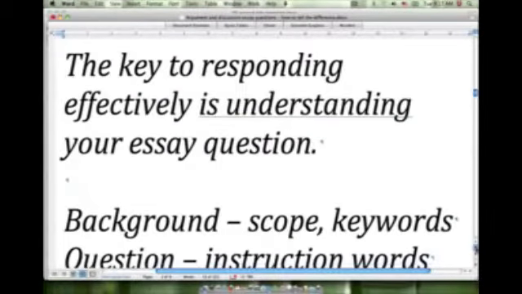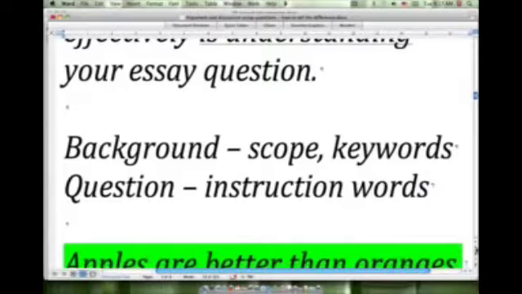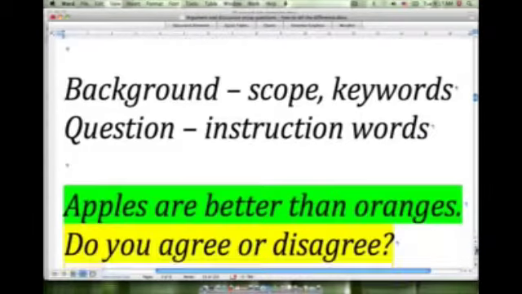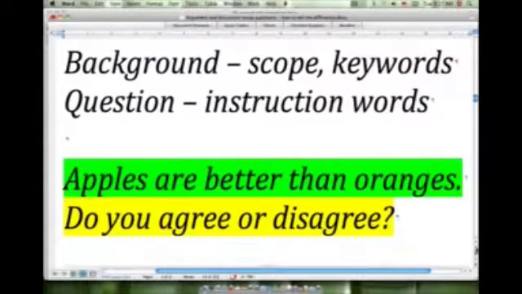Now basically, all IELTS essay questions must have two parts. The first is some kind of background, which includes things like the scope, which is sort of like the general topic of the essay, and the keywords, which perhaps help to pinpoint or narrow the scope a little bit and make it a little bit more specific.